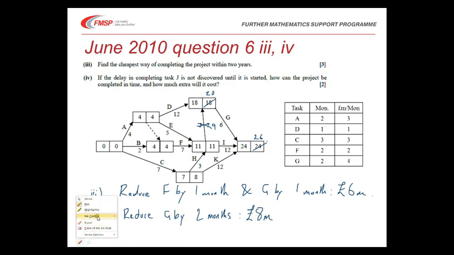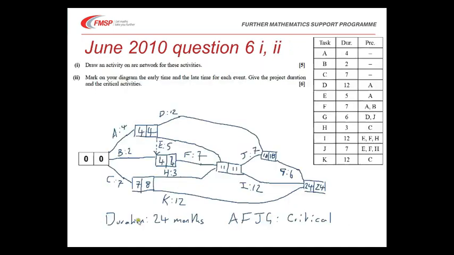So let's take a look at how the actual marks will be awarded for this. In part 1, the 5 marks here are awarded M1 for doing an activity on arc network, actually clearly having your activities labelled on your arcs. A1, an accuracy mark for getting D, E, H and K correct following on from A and C. So if these 4 follow on from A or C, you get an accuracy mark there.